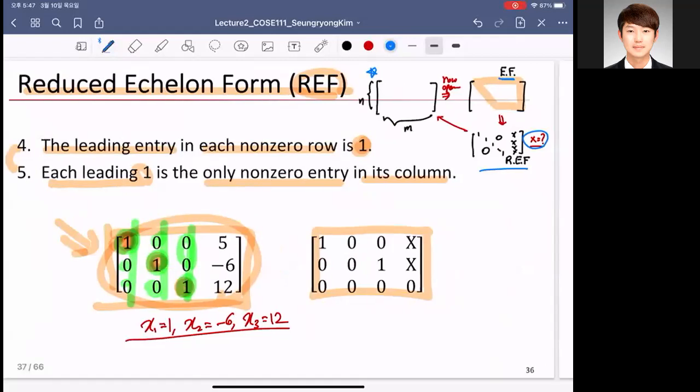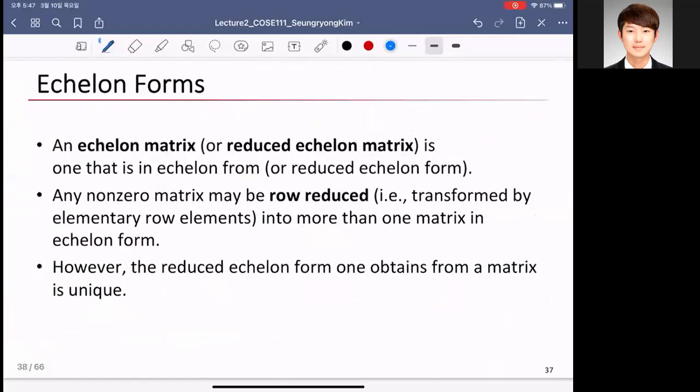Okay. There are some properties of echelon form. If a matrix is in echelon form or reduced echelon form, we just call it an echelon matrix or reduced echelon matrix. Right?